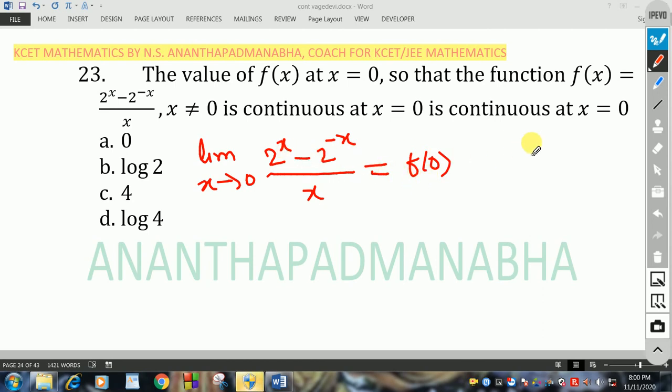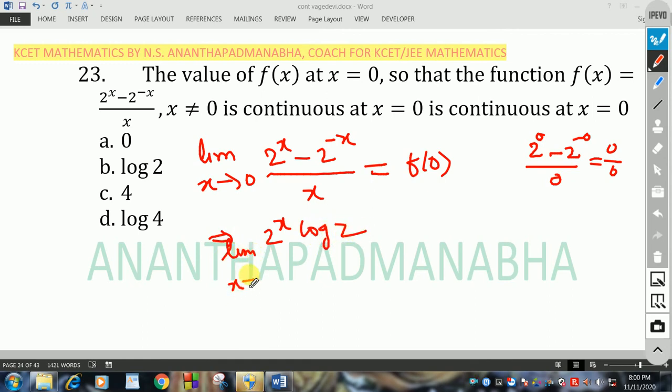As x approaches 0, you can observe it is 2 to the power of 0 minus 2 to the power of minus 0 by 0, which is 1 minus 1, again 0 by 0 form, indeterminate form. So you can clearly apply L'Hopital's rule. When you differentiate 2 to the power of x, you will get 2 to the power of x into log 2, that is, limit as x approaches 0 of the derivative of a to the power of x.